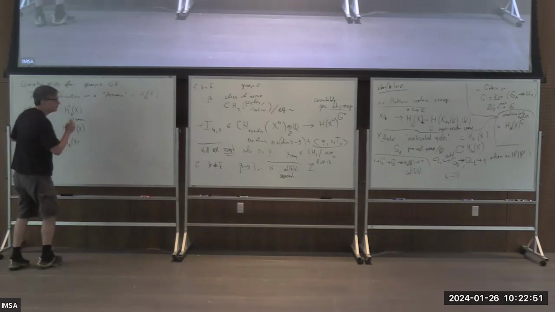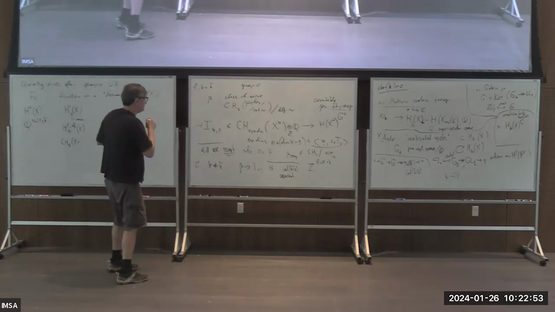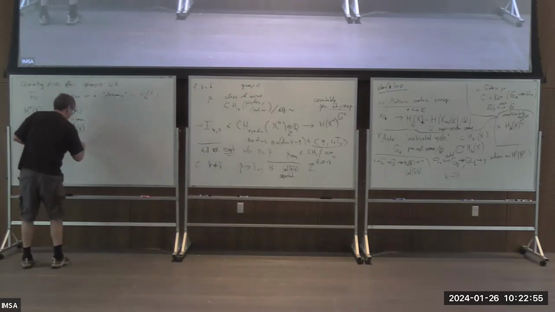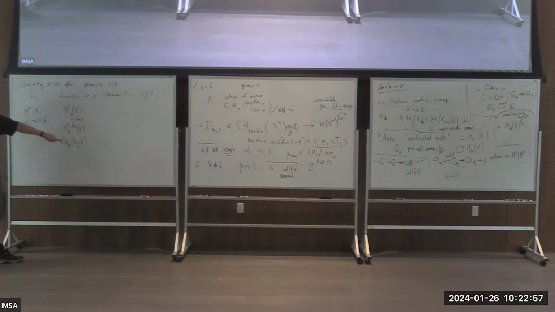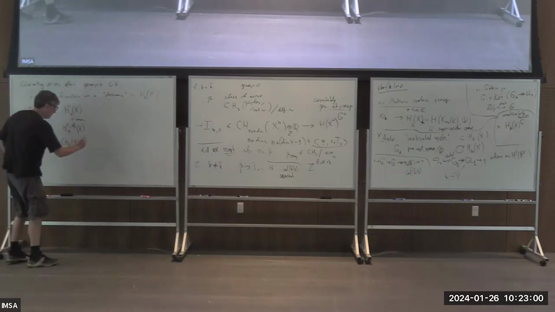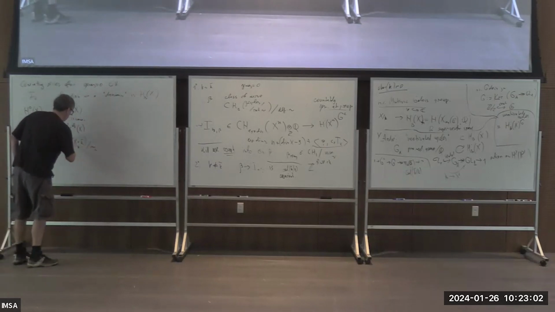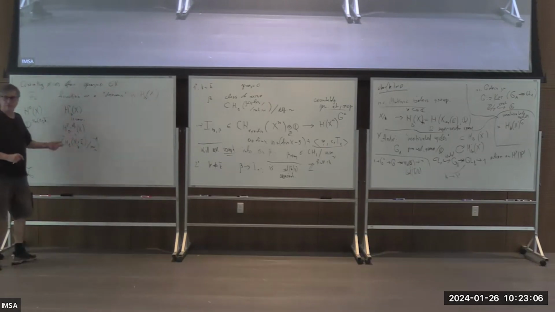You consider the classes of curves on X up to numerical equivalence, and we take the dual space. This will be the algebraic part.